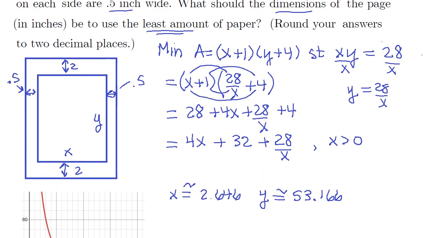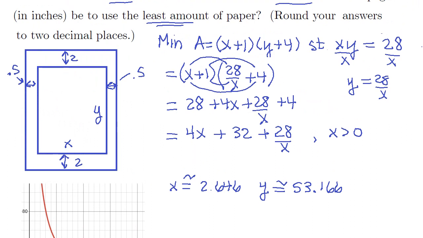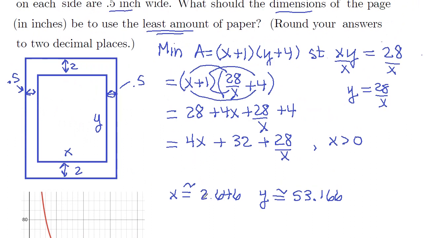So then let's see our minimized area. That's going to be the length of the printed area. So then the length of the page is going to be x plus 1, y plus 4. So x plus 1 is equal to 3 point, we're doing 2 decimal places, so 65.